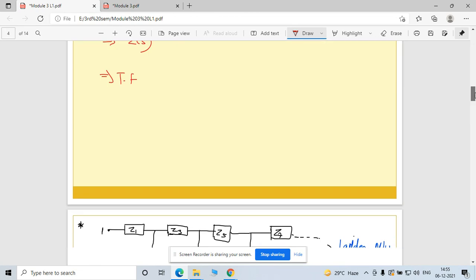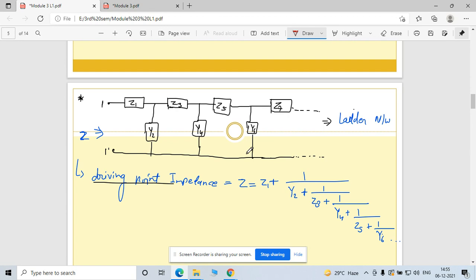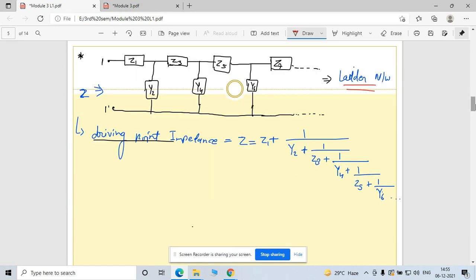This is the second function. This is a ladder network. Here is one shortcut, or you can analyze this network by step-by-step calculation, but directly you can find the impedance. First of all, you have to clearly observe the parameters of this network.